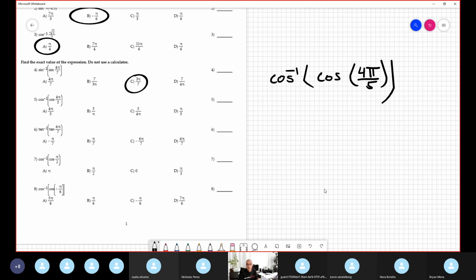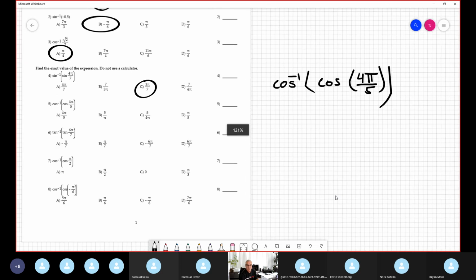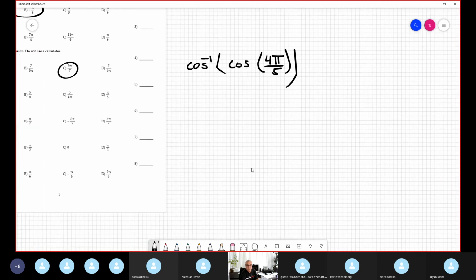Okay. Number one, investigate in what quadrant 4 pi over 5 lies. Entonces it's super easy because you take the fraction without pi and you put in the calculator as 0.8.